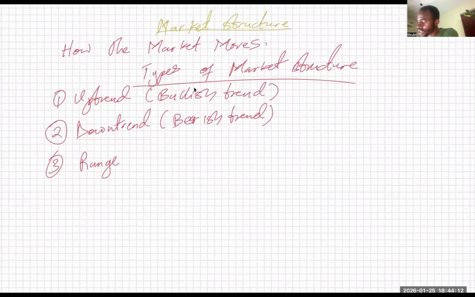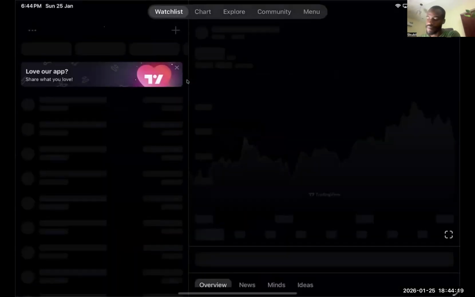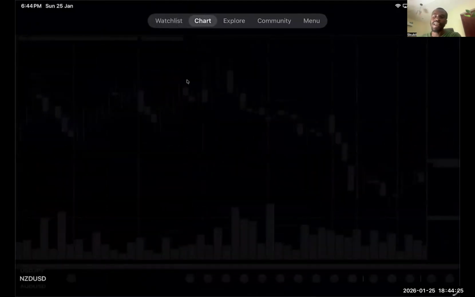Now, I just want to say something. If I come to my charts, on TradingView, and let's say I open NZDUSD at any point in time, it's not like price is going to be doing all those three movements. Price is going to be doing just one.